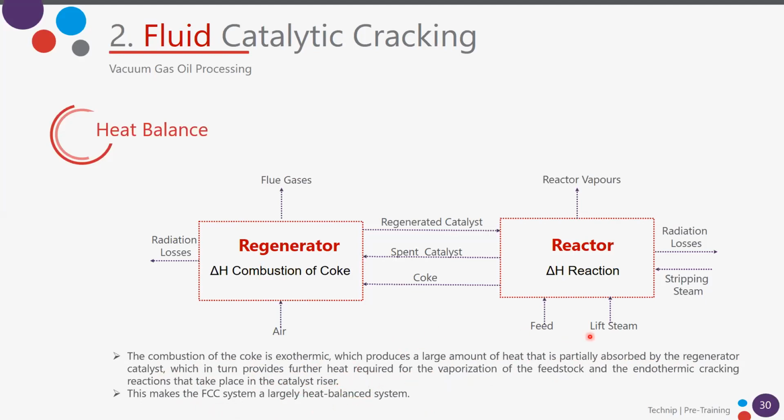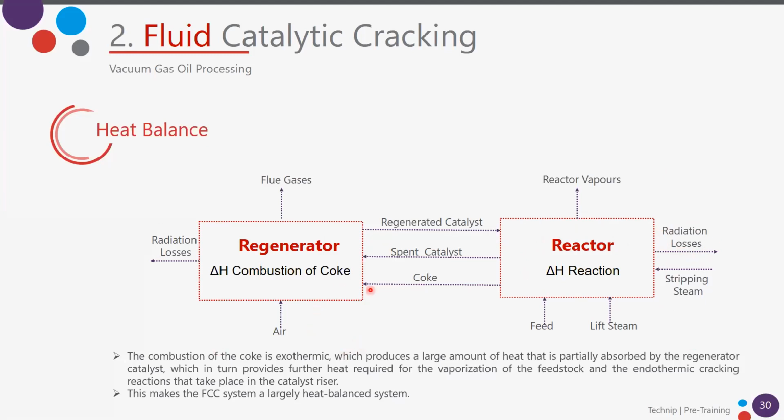You see here, you have the feed, the lift steam, the stripping steam, the reactor vapor. Of course, even if you have a very well isolated reactor and regenerator, you will have some radiation losses. Okay, but the idea is you have a heat balance here.